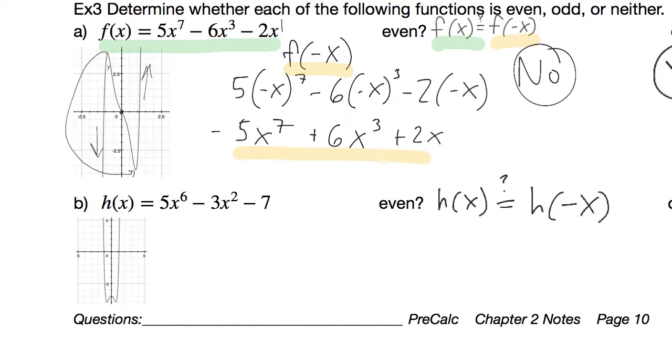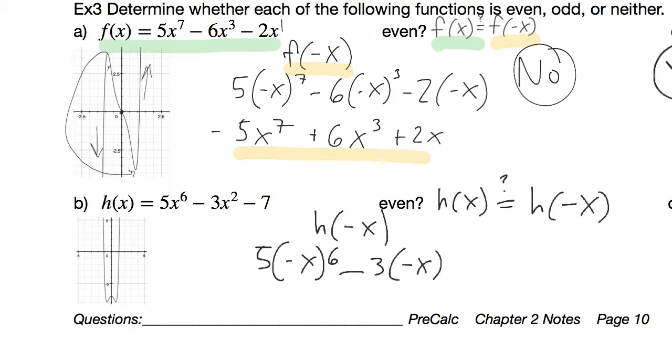Well, we already have h of x, so let's figure out what h of negative x is. h of negative x is going to be 5 times negative x to the 6th power minus 3 times negative x squared minus 7. Negative x to the 6th power is like negative x times itself 6 times. Because 6 happens to be even, all the negatives cancel out, and we're left with 5x to the 6th minus 3x squared minus 7.